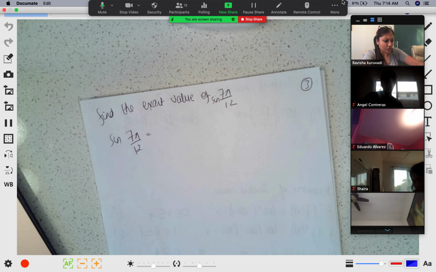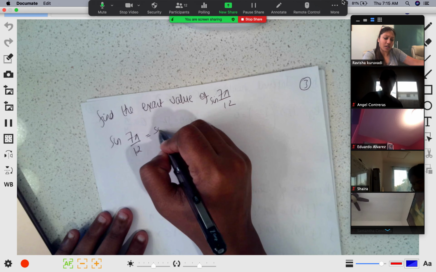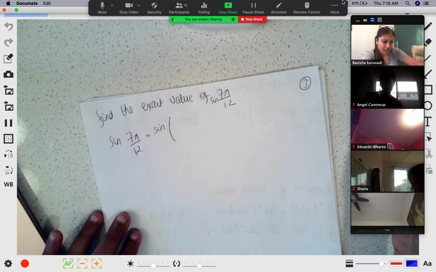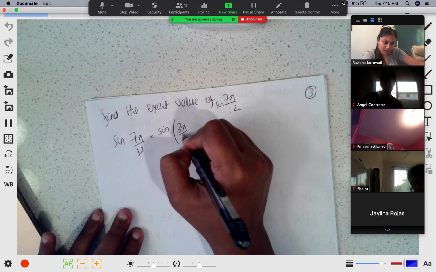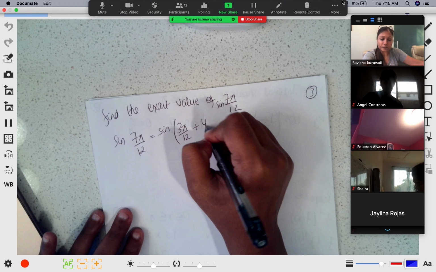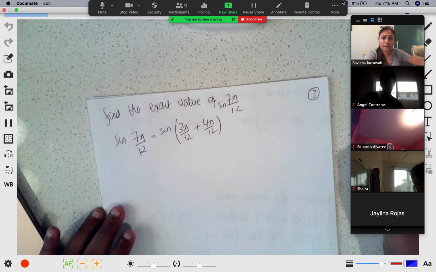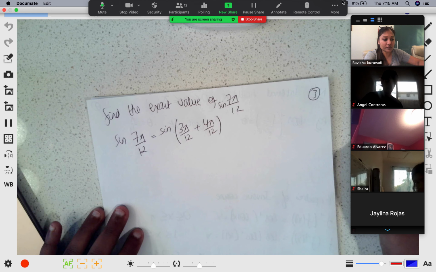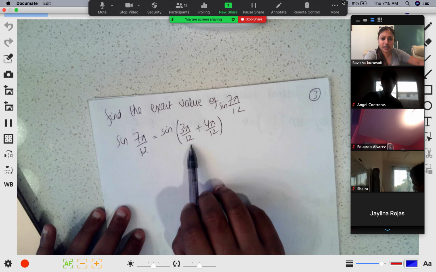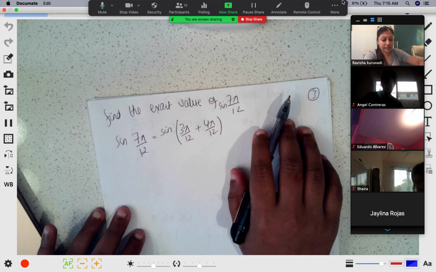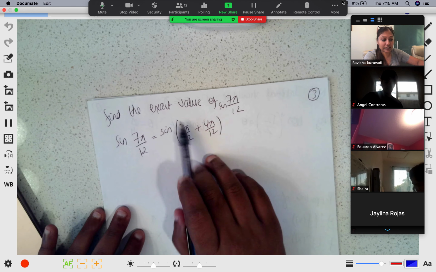Note 7 pi by 12 I can write as 3 pi by 12 plus 4 pi by 12. Can I do that? 7 pi by 12 is basically 3 pi by 12 and 4 pi by 12, which is basically 7 pi by 12 only. I just split them.